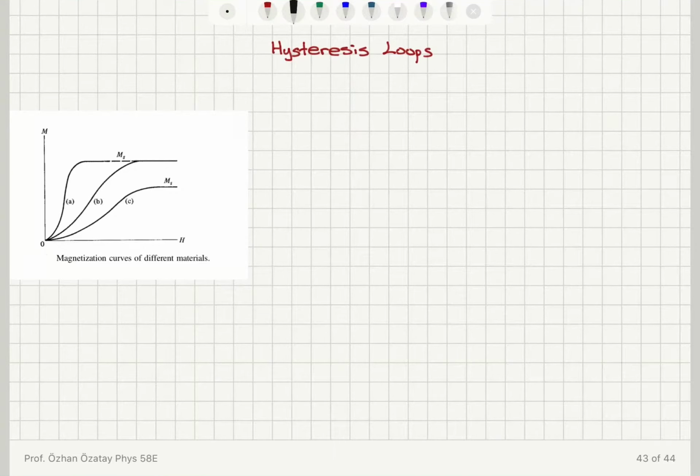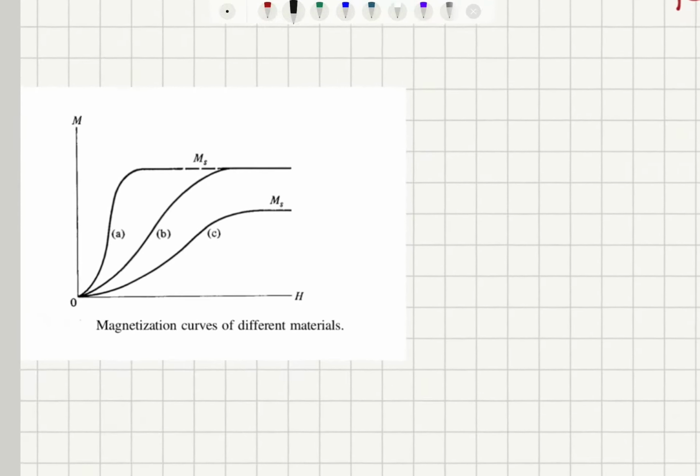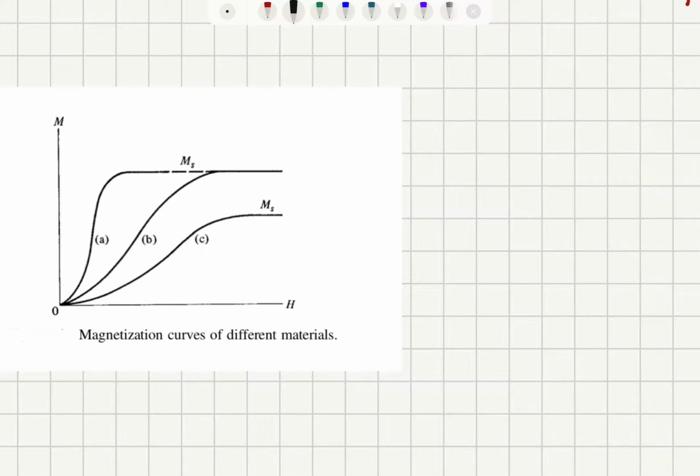Let's talk about the hysteresis loops that we observe in ferromagnetic materials. First thing I would like to do is to introduce the concept of a soft magnet versus a hard magnet. If you look at the initial magnetization curve, M versus H, starting from a demagnetized state, we apply a magnetic field in order to magnetize the material.